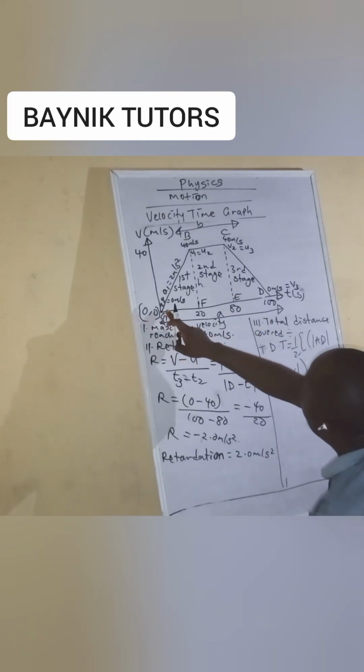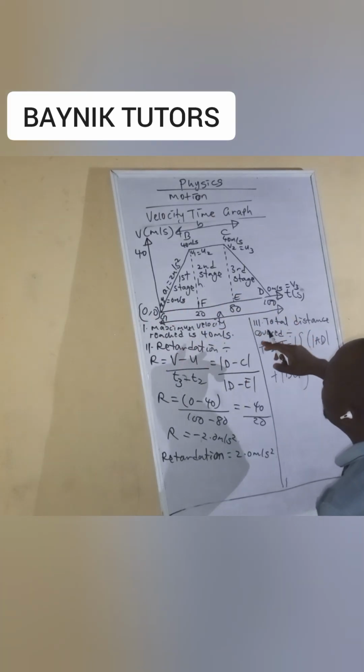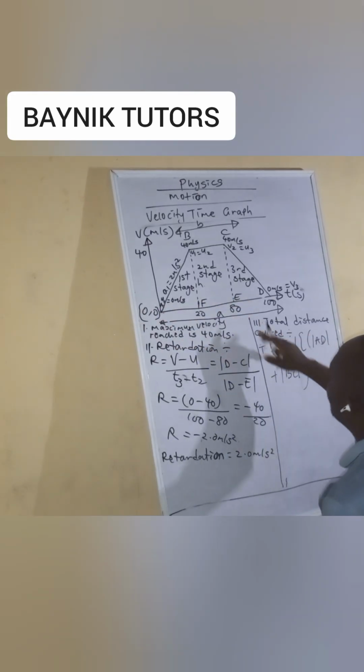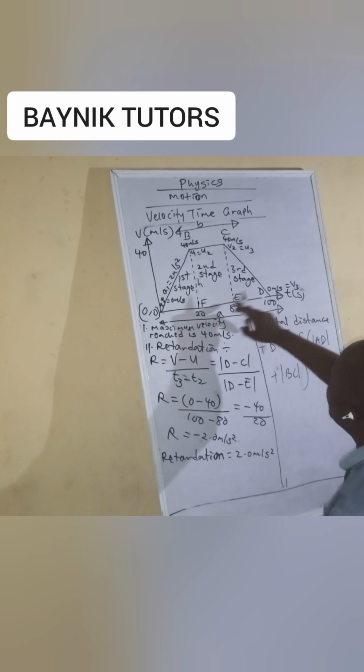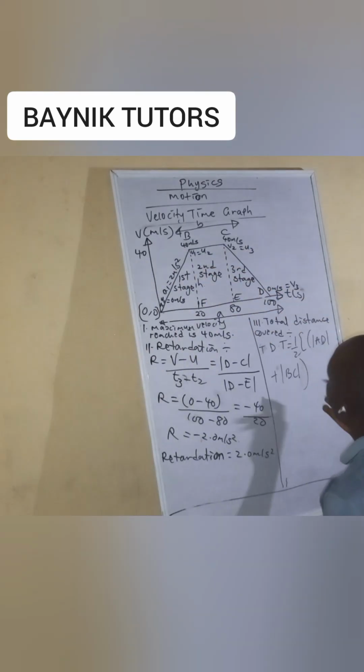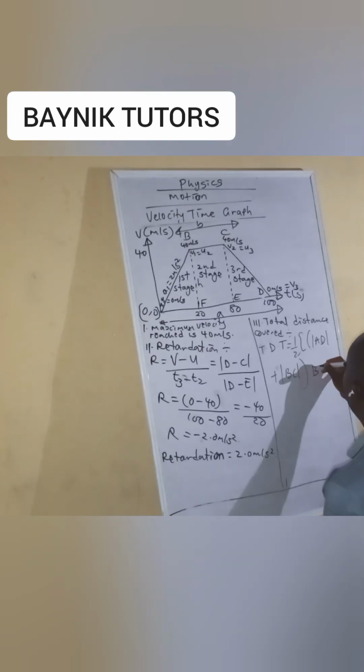The longer length, let's make it AD. The shorter length BC, you can also make it FE, that is allowed. Then the height can be BF or CE. So I make use of BF here.